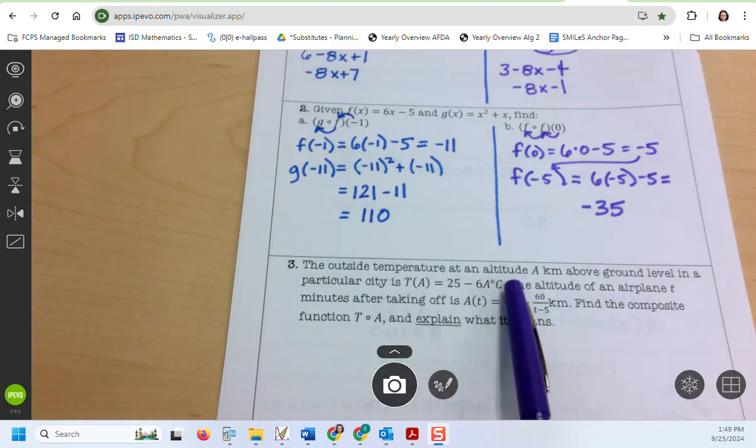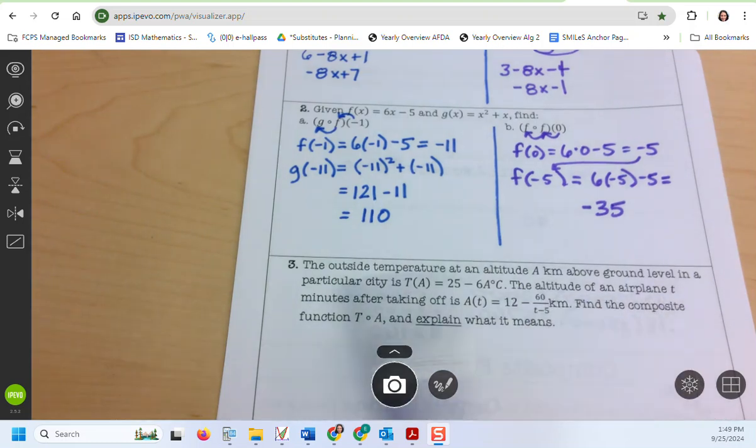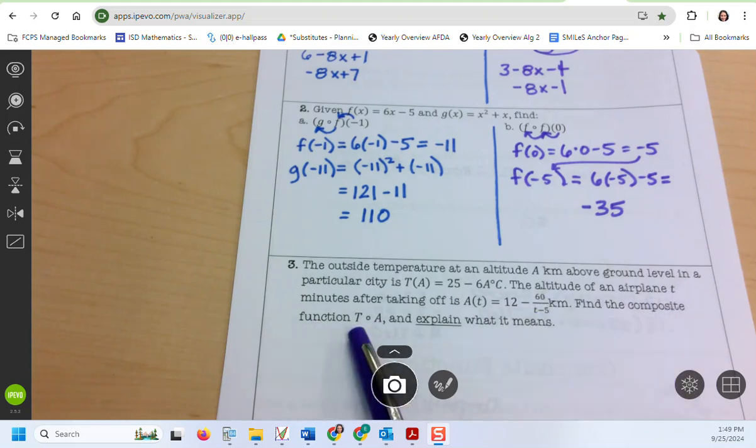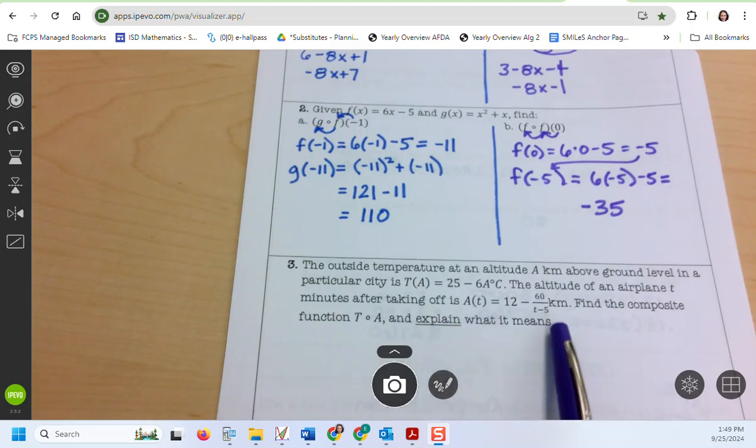So degrees Celsius is just what you're measuring. The altitude of the airplane t minutes after taking off is A of small t. So notice big T and small t are different variables. Equals 12 minus 60 over t minus 5 kilometers. Find the composite function T of A and explain what it means.